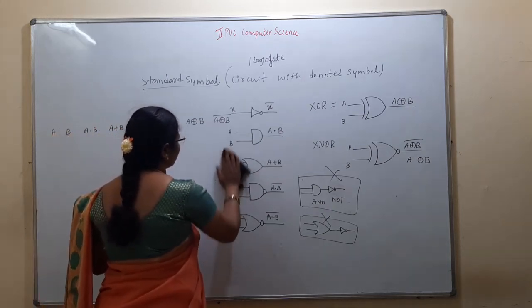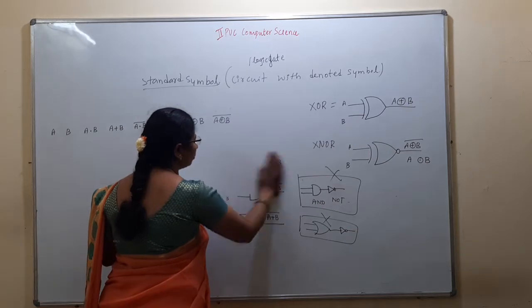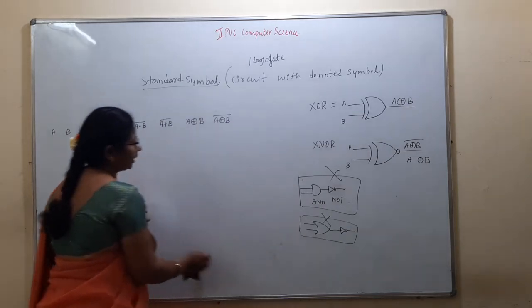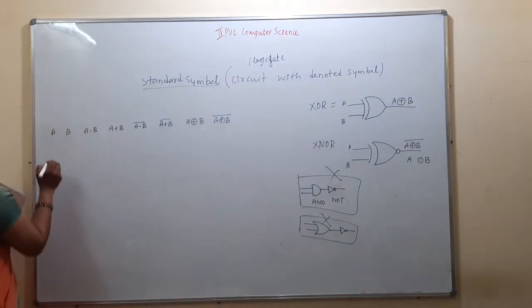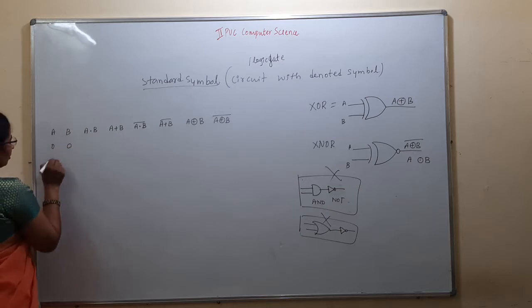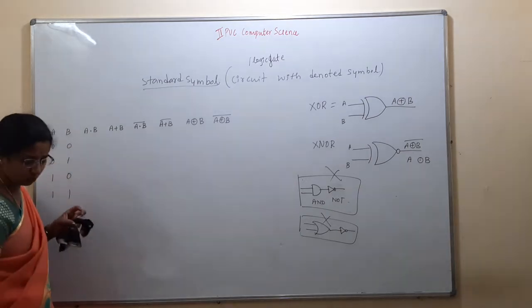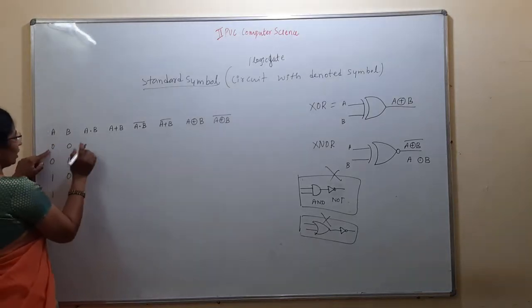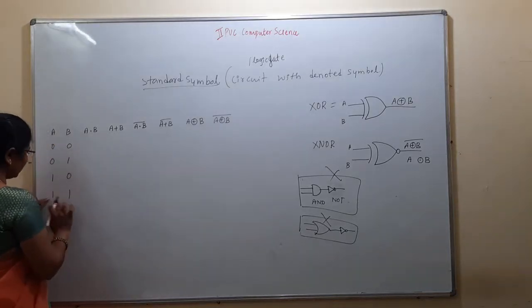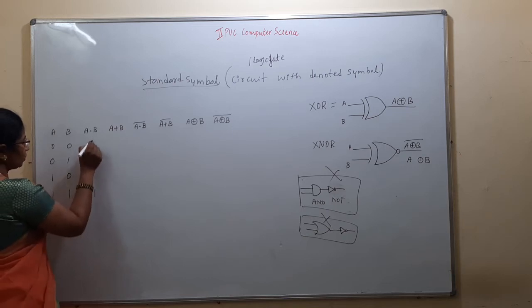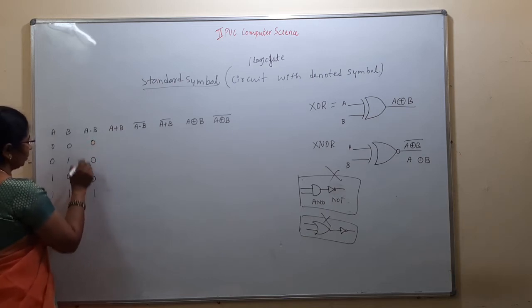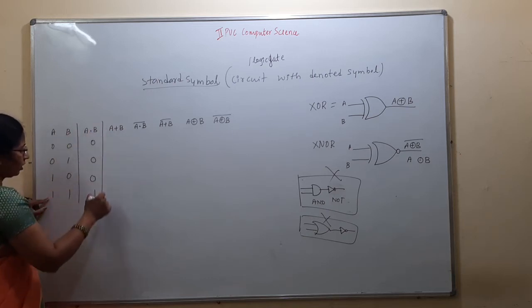What do you need to give as input? When we are taking 2 input symbols, you will get only 4 possibilities: 0 0, 0 1, 1 0, 1 1. So for A into B, only when both are 1 is the result 1, otherwise 0. This is for your AND.